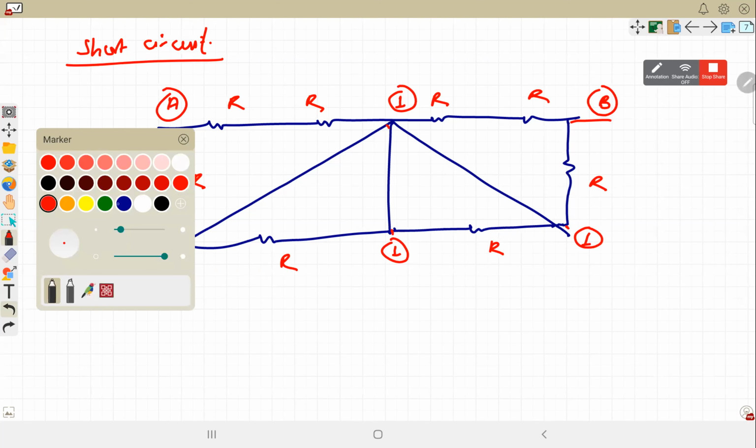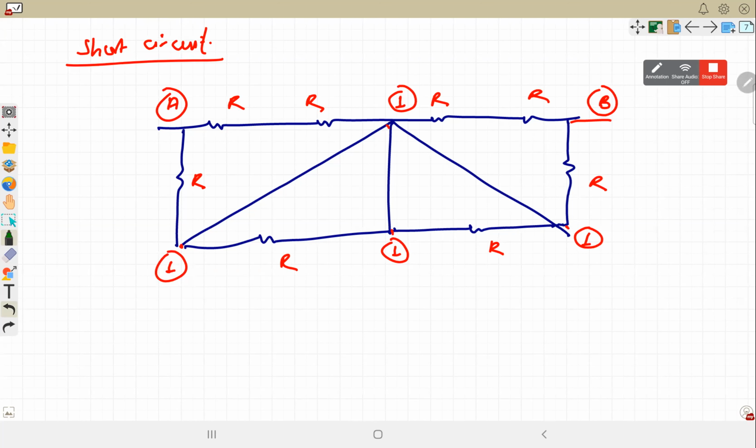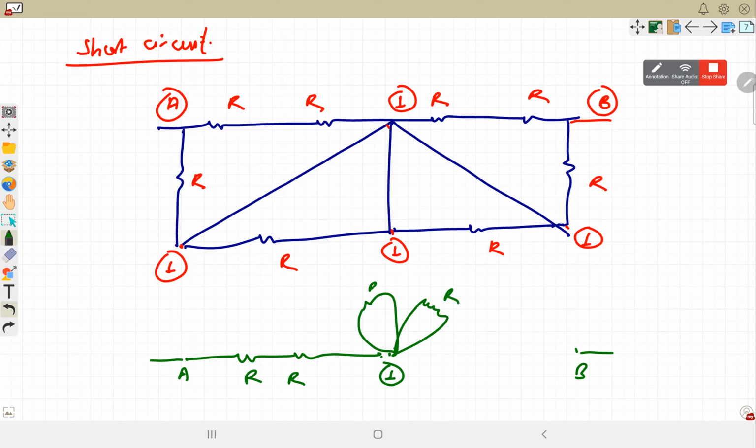Right? So 1 and 1 and 1, they are connected together. So point A, point B and 1. Between A and 1, these two R and R. Between 1 to 1, these two are resistors which are connected between point 1 and 1.